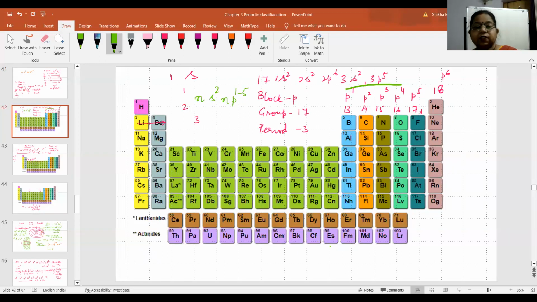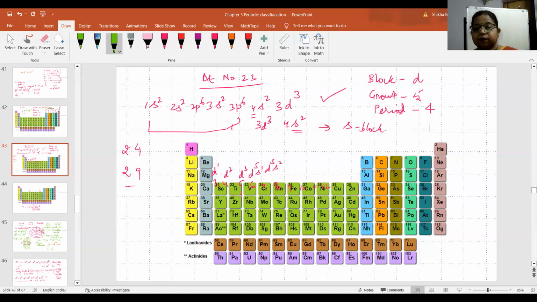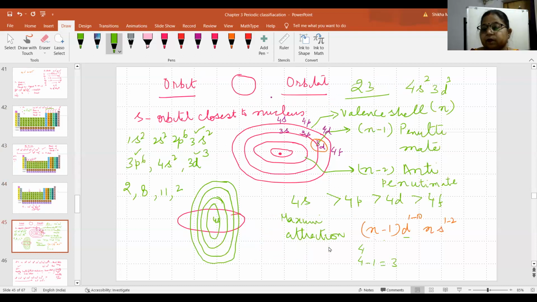Therefore, in general electronic configuration of d block, we do write n-1, d1 to d10, ns2. Is it making sense to all of you? Anybody having any doubts?